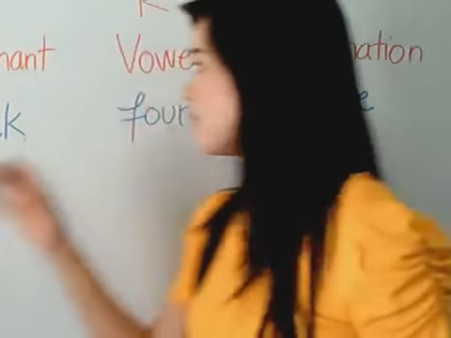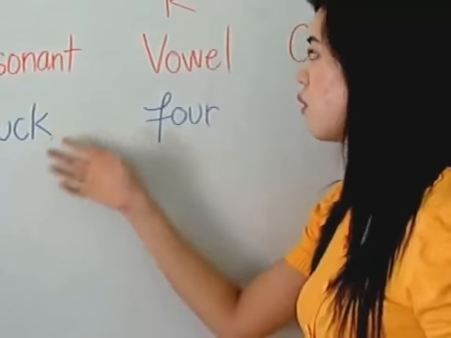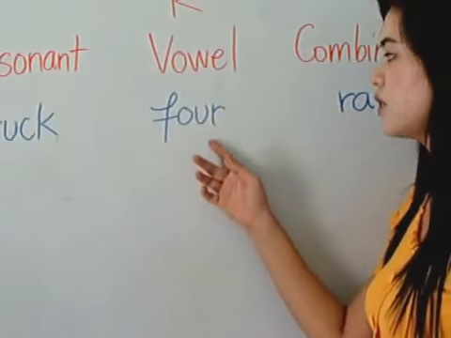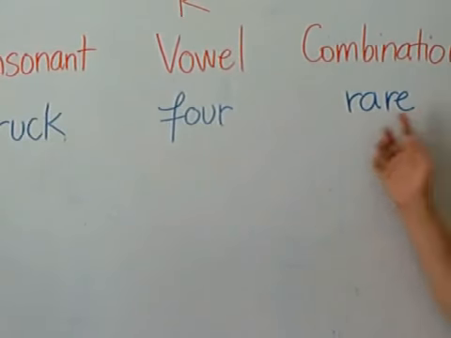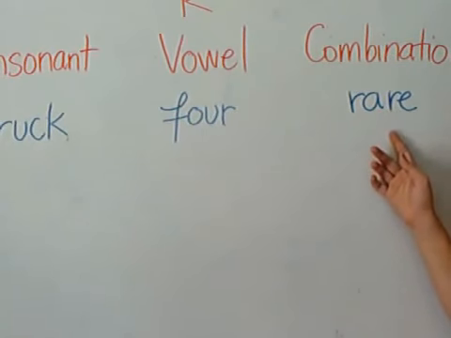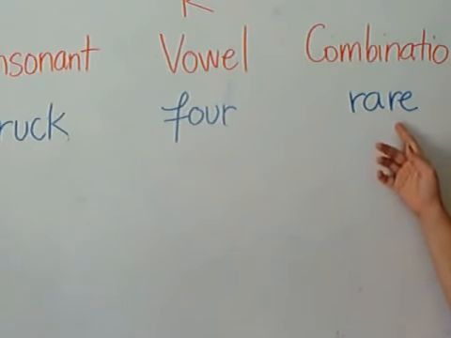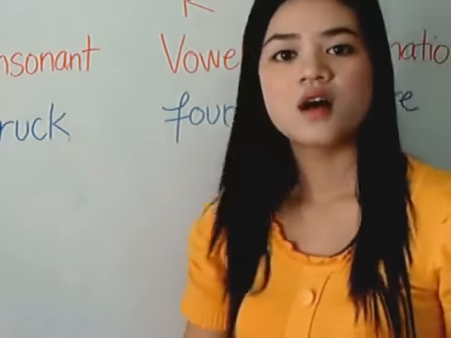They are the consonant sound, like the word truck, or vowel in the word for. The last group is the combination of consonant and vowel. We say rare. Once more, rare, for, and truck.